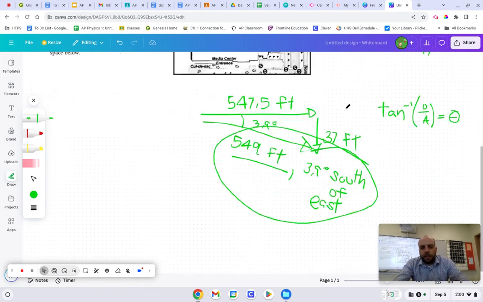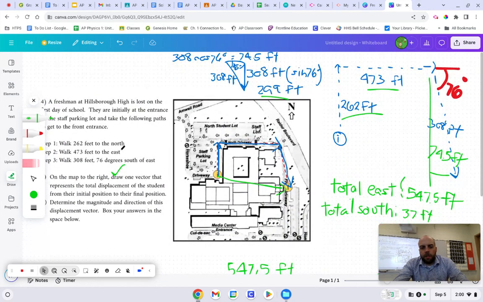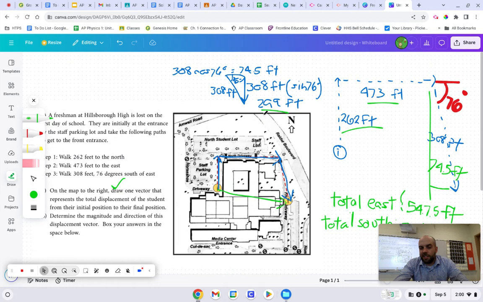And everything really came from up here, realizing that that third step was easier to discuss in terms of how far to the south and how far east it was, because the student walked real far south and a little bit extra to the east.